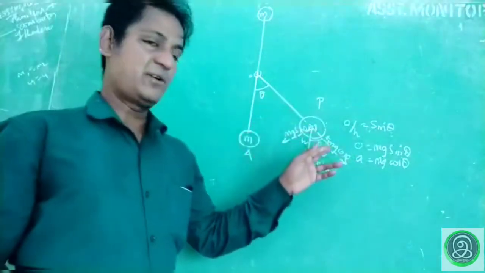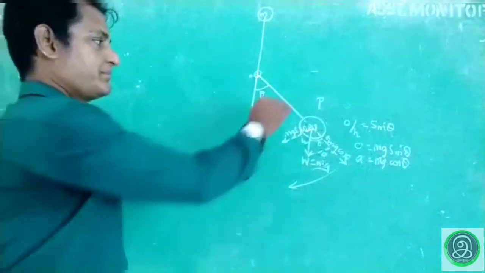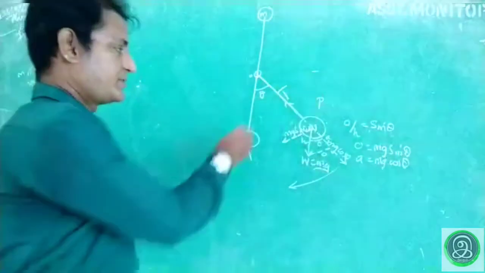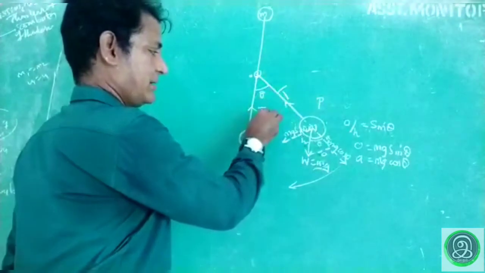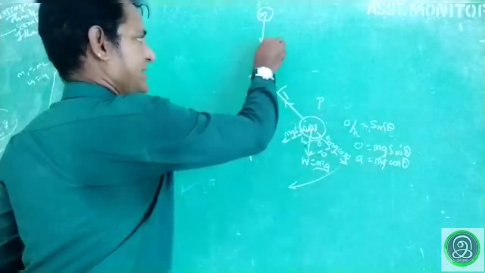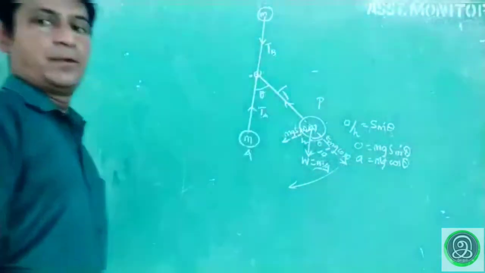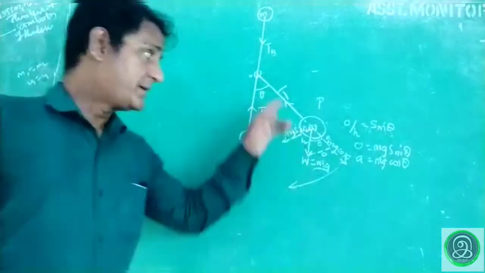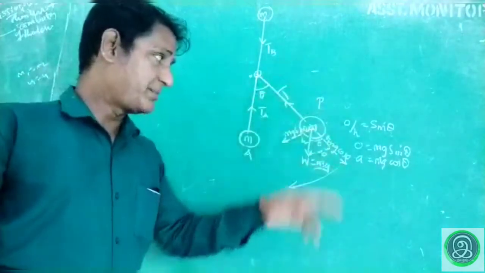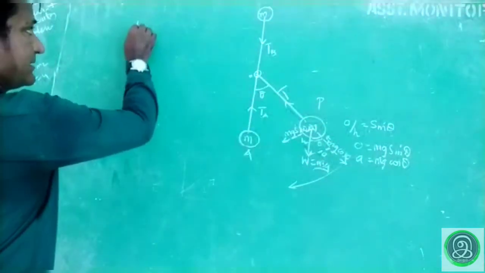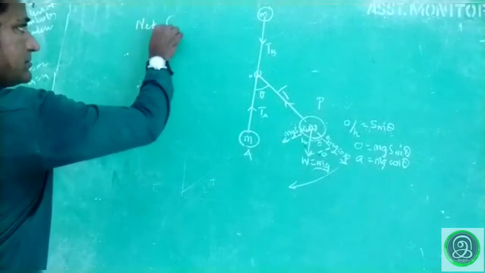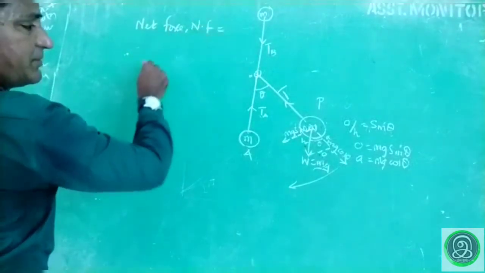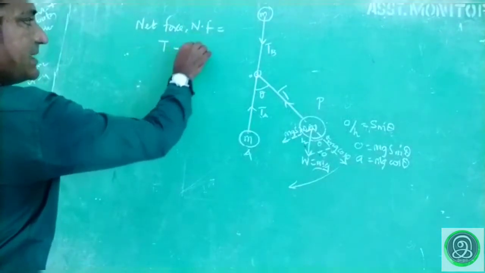Now this mg cos theta is balanced by the tension produced in the string. So here also the tension at the point A, the tension at the point B. Now here at the position P, there is a net force, or NF, which is equal to T minus mg cos theta.